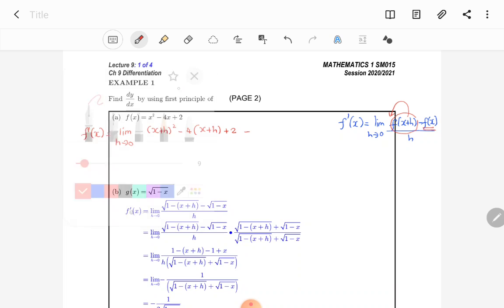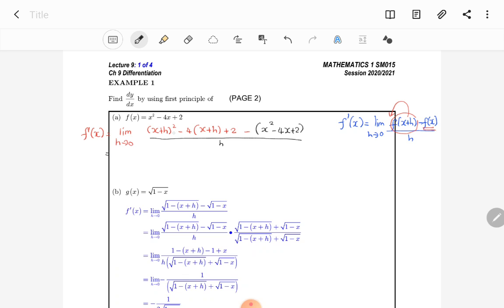So we write minus f(x), which is x² minus 4x + 2, and now all divided by h.